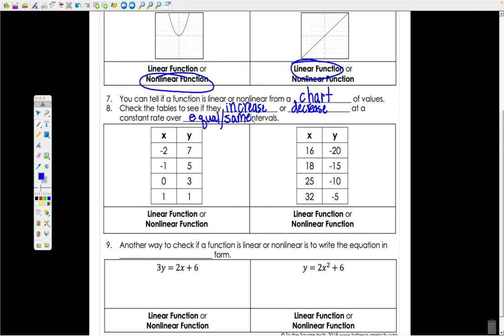Okay, so meaning it has to be the same intervals of which the x value is increasing and the y value is increasing. And I'll show you what that means.